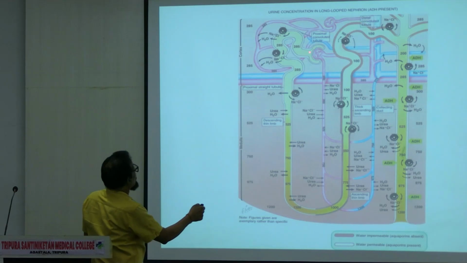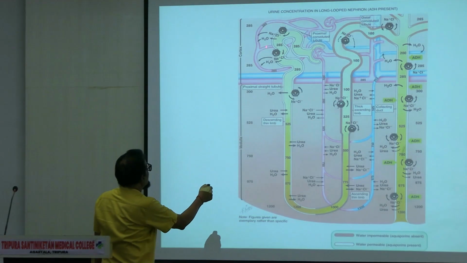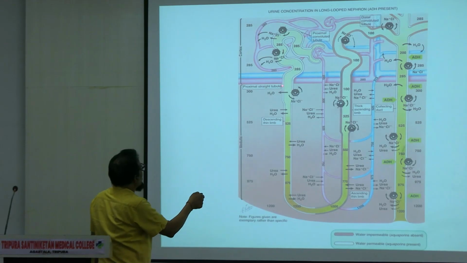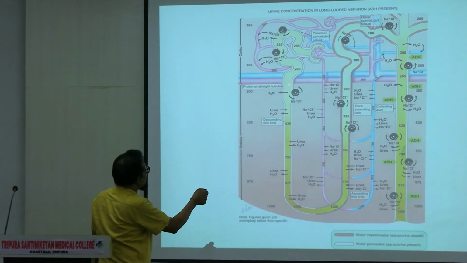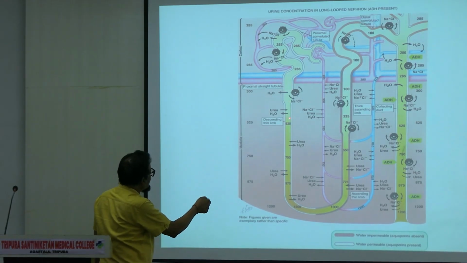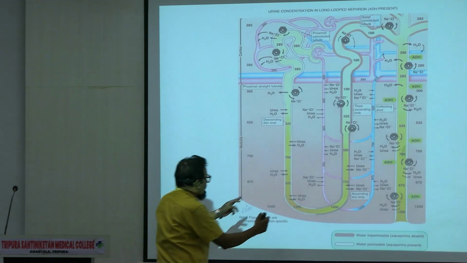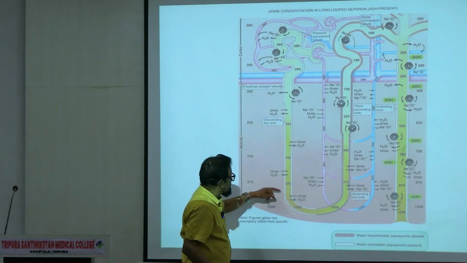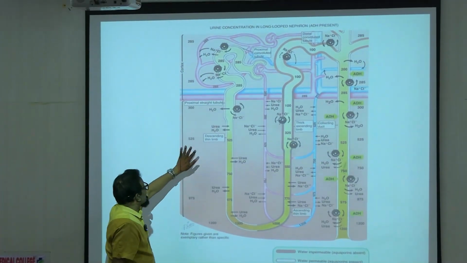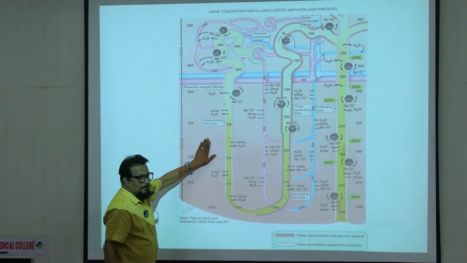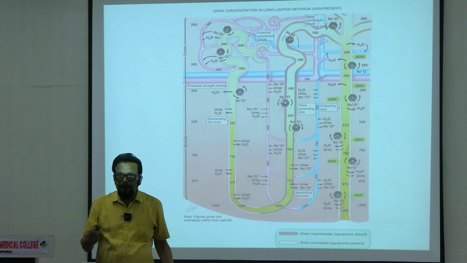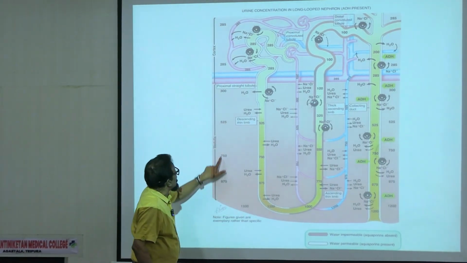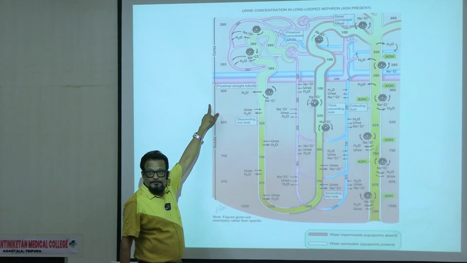Descending from here, the proximal tubule, now it is coming into the medulla, and you see, the initial part is thick, then it is thin. And it forms the hairpin. It forms the hairpin, and you see this is, what I say in between, the interstitial tissue. Now, what is the osmolarity of the interstitial tissue?